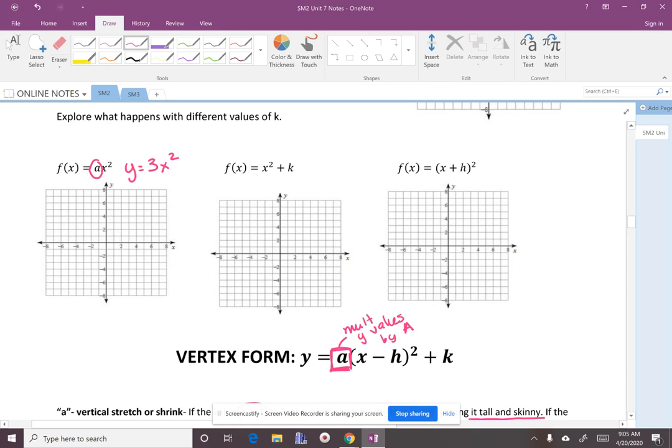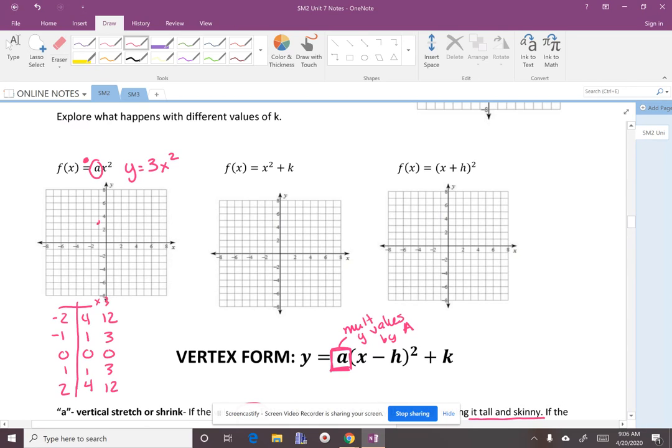If we take the original points, which were -2, 4, -1, 1, 0, 0, 1, 1, 2, 4, we are going to multiply the Y values by 3 because that's what A is. We multiply by 3. We get 4 times 3 is 12, 1 times 3 is 3, 0 times 3 is 0, 1 is 3, 4 is 12.